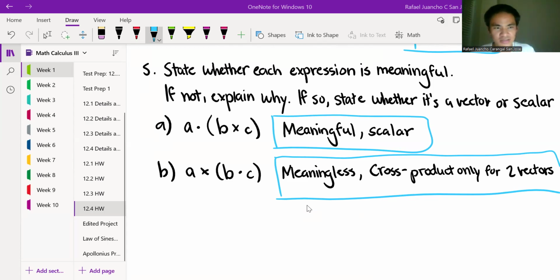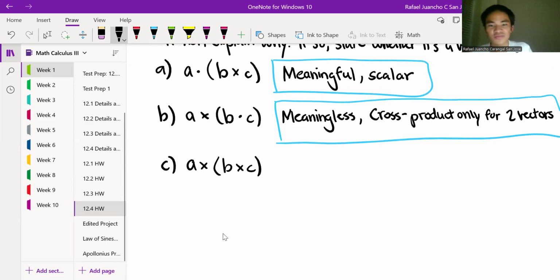Okay, next, C. We have the cross product of A and the cross product of B and C. What does a cross product give us? It gives us a vector. So we're getting the cross product of two vectors.